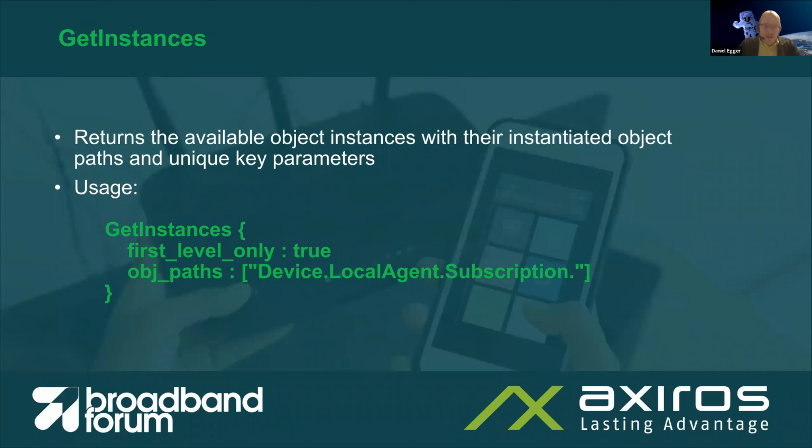So the other one that we have is, since we sometimes are not interested in only what is supported, but what is actually there, there's a second command, which is called get instances, and get instances allows you to query the instantiated data model. So get instances will really give you the instantiated objects, and it will also give you the unique key parameters.